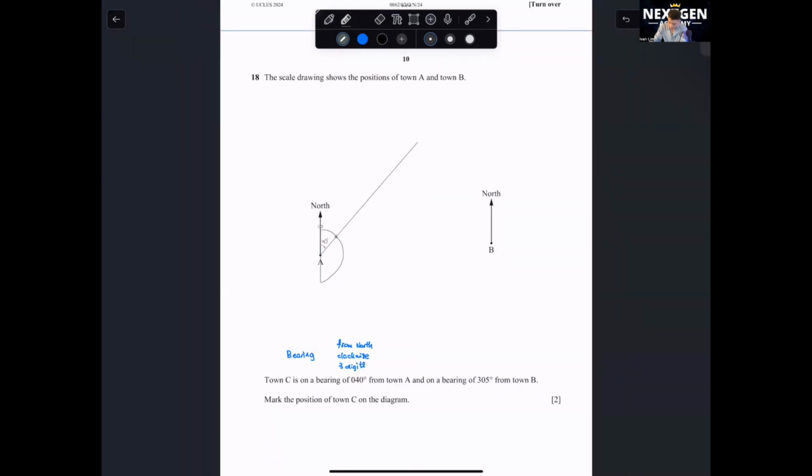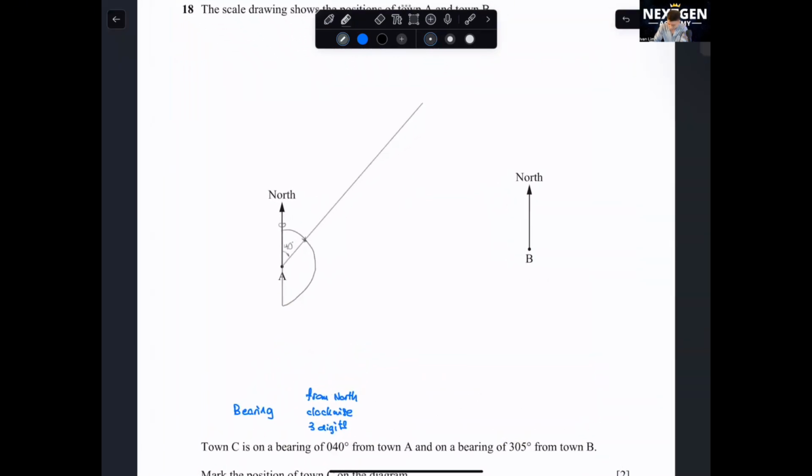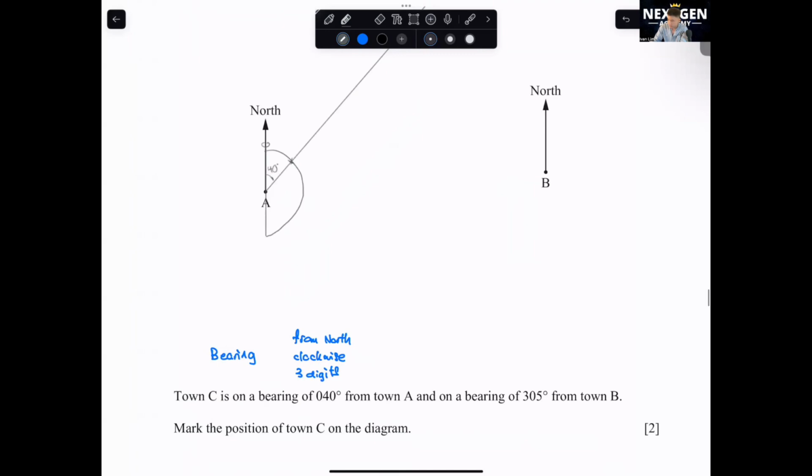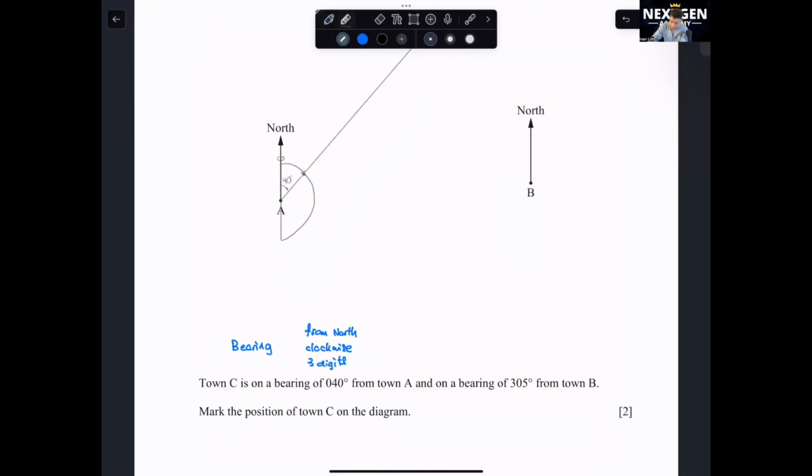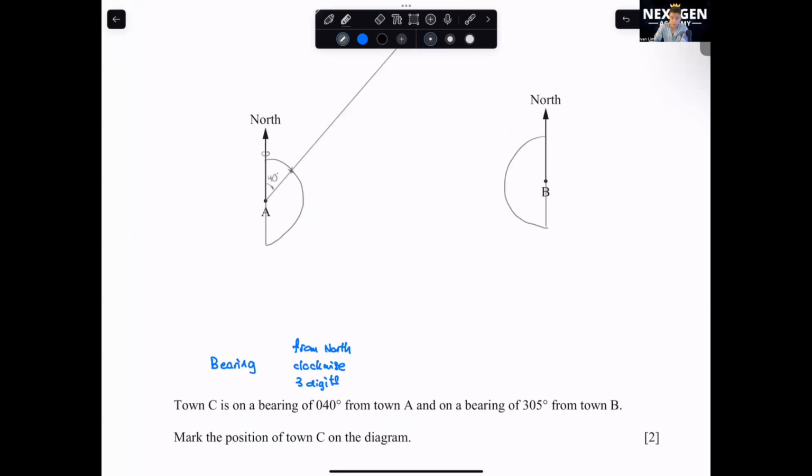Then the next one, they want 305 degrees. How to measure 305 degrees? Put your protractor like this. This is the middle part. The way I would do it is you take 360, because the measurement goes around like that, and from here to here will be 305 degrees.